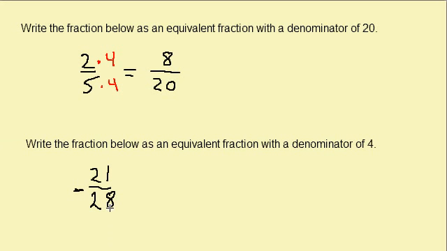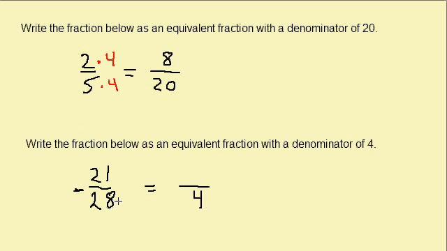Alright, now let's take a look at another one. Write the fraction below as an equivalent fraction with the denominator of 4. Okay, so we want the denominator to be 4. Now how do we get from 28 to 4? Well, we can divide 28 by 7.